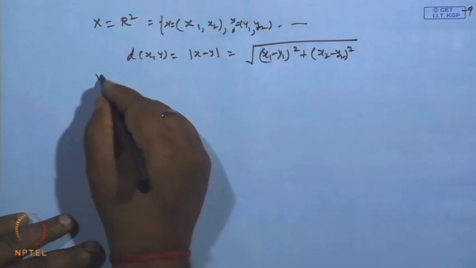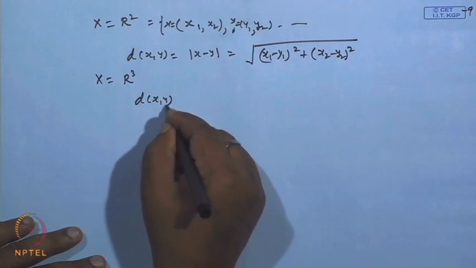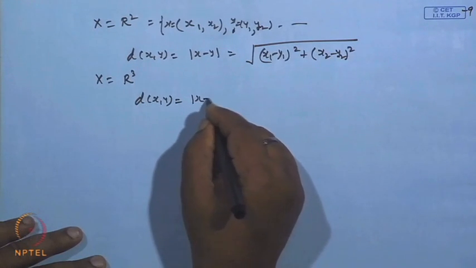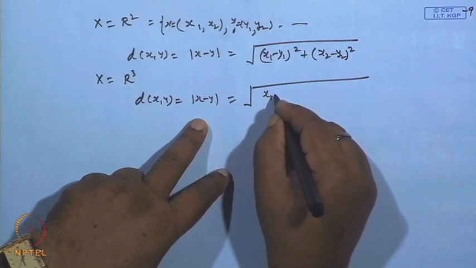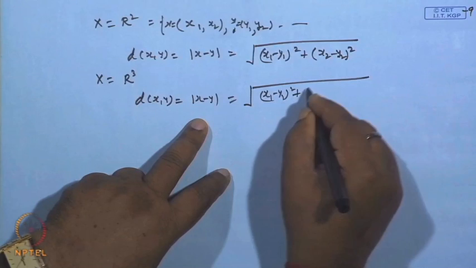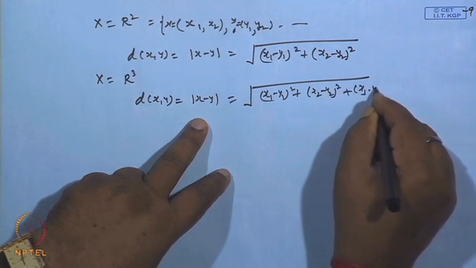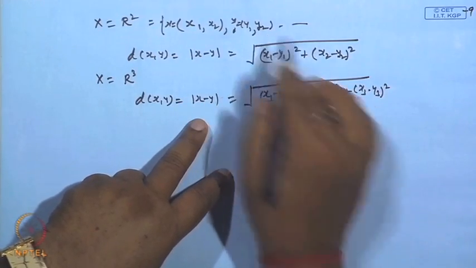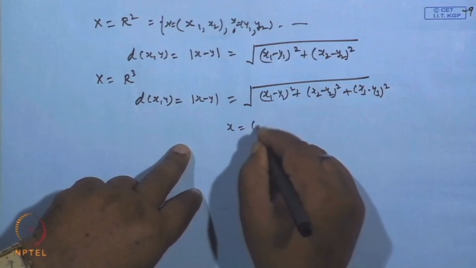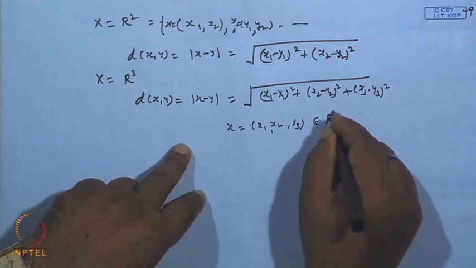In the case of 3-dimensional, the distance between x and y is defined, and we write it the same way, mod x minus y, but it is the square root of x1 minus y1 whole square, plus x2 minus y2 whole square, plus x3 minus y3 whole square, where x1, x2, x3 and y1, y2, y3 are the coordinates belonging to R3.